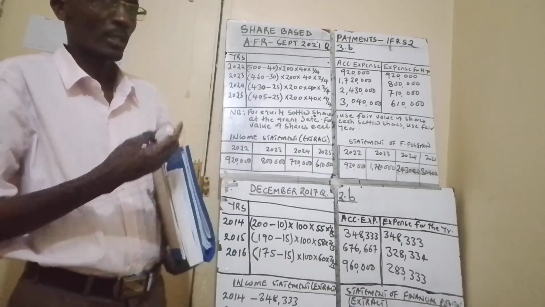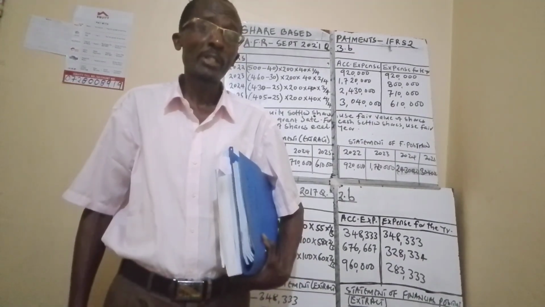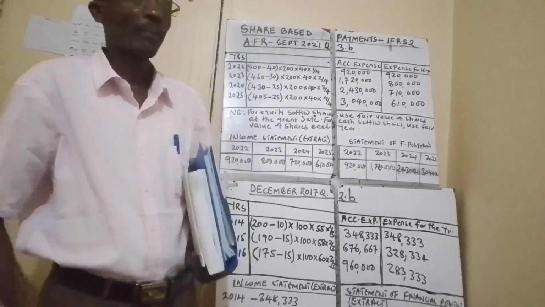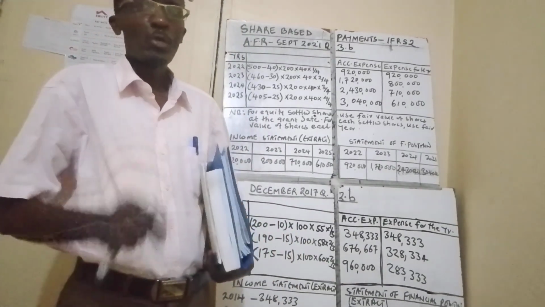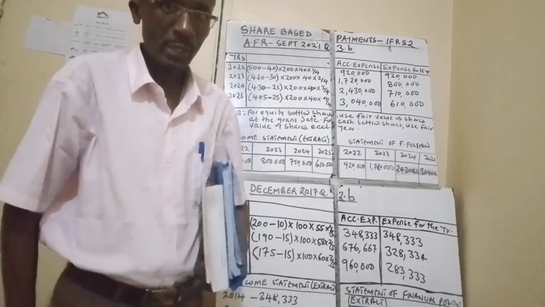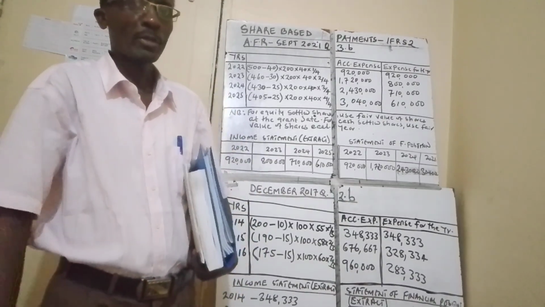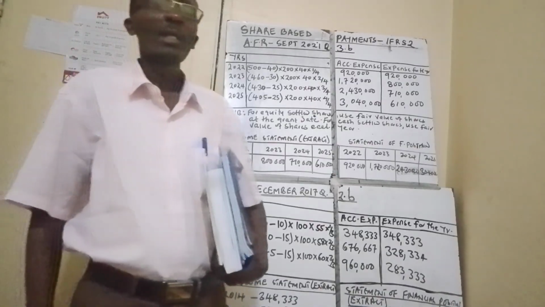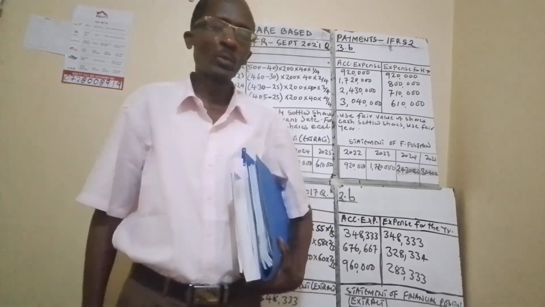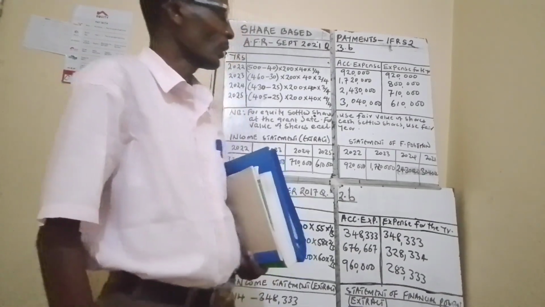For chapter 1, these are very simple things, and we agreed that we complete chapter 1 this week. So two more lessons, that is before Friday, or over the weekend, we should have completed chapter 1. So next week, we will be dealing with chapter 2, which is to do with group accounts.